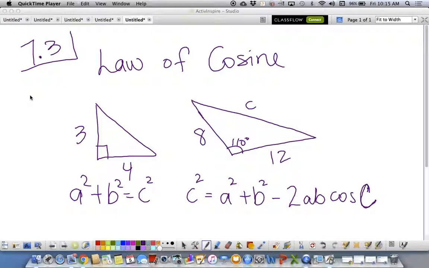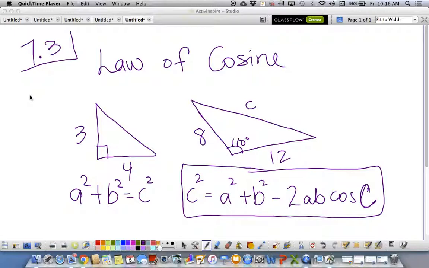Okay. Here's the formula. If you are given a B and a C, this will become A. And then whatever sides that you have, minus 2 times the sides that you have, cosine of the angle you have.